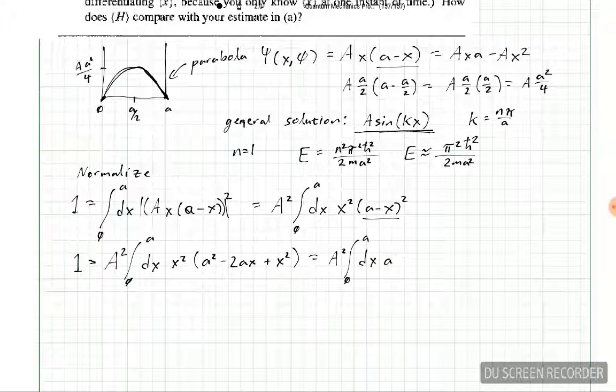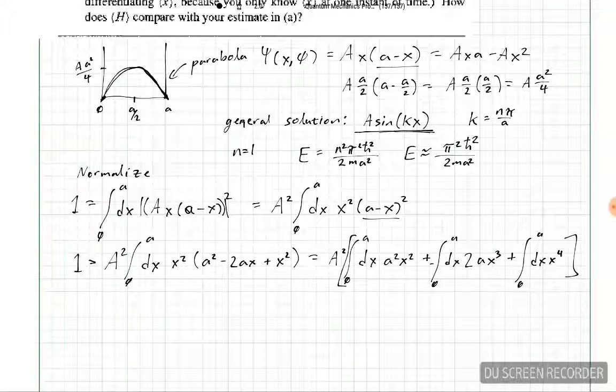So I get, put bracket there, a squared x squared, plus, I guess that'd be minus 2ax cubed, and then plus from 0 to a dx, just x to the 4th.